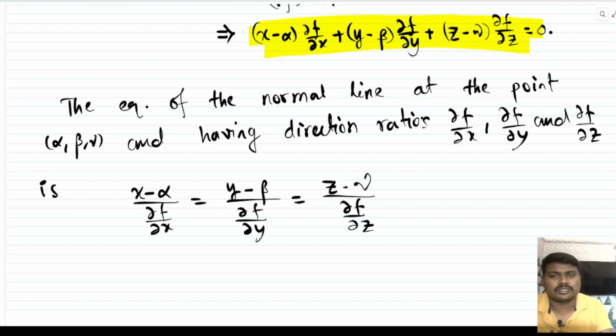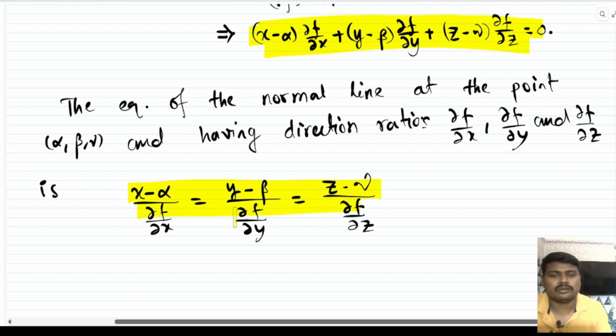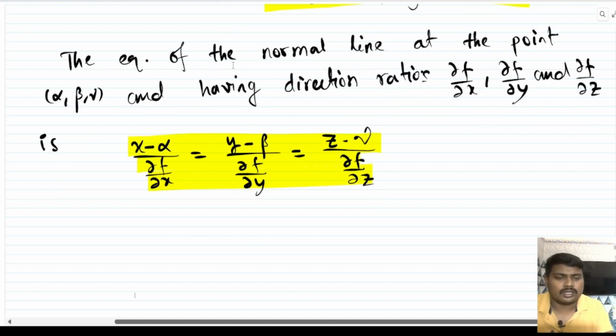So this is the equation of the blue line, that is, the normal line at the point A whose coordinates are (alpha, beta, gamma).